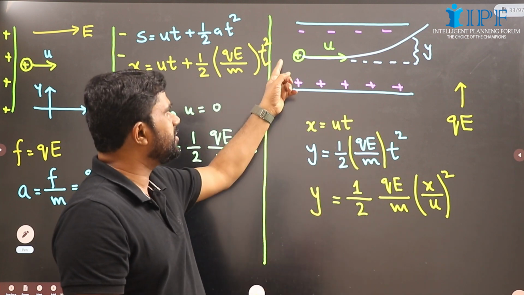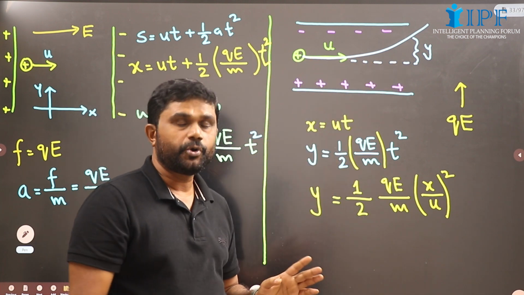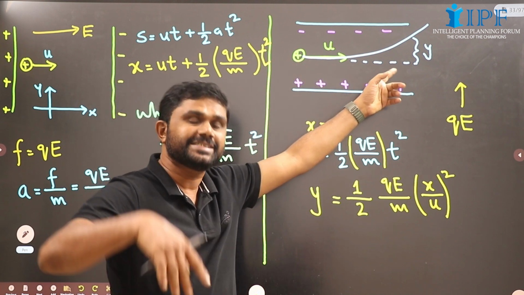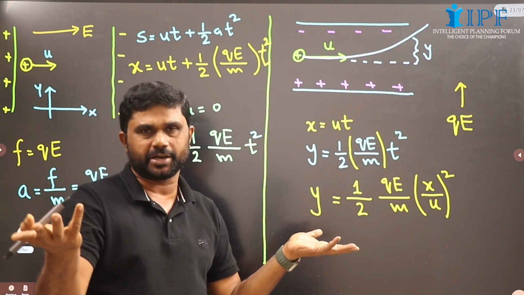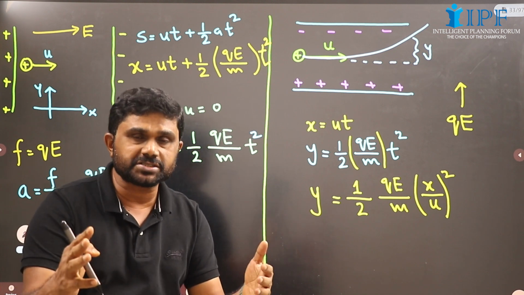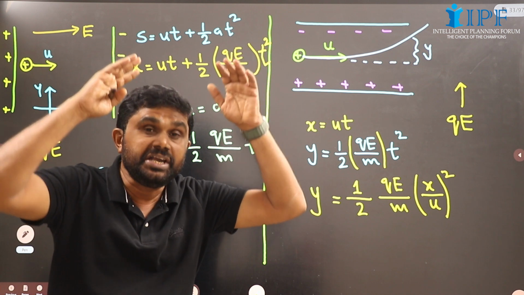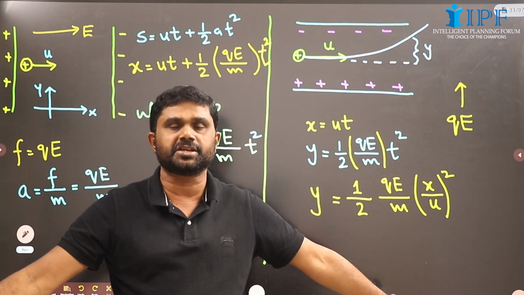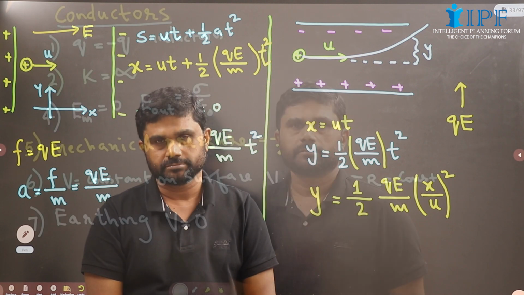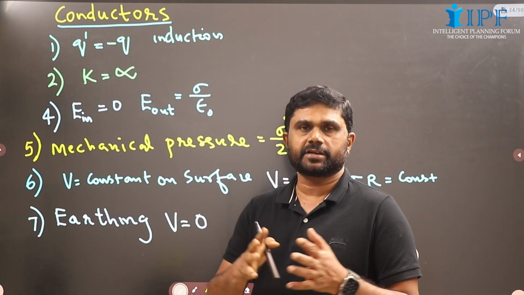Here, see, initial velocity is along this direction. Body has a constant acceleration, but it is not along the same direction. It is in a different direction. Here it is perpendicular. Need not be perpendicular always. If it has a constant acceleration along any direction other than the initial velocity, definitely it will follow a parabolic path. Now, see conductors.